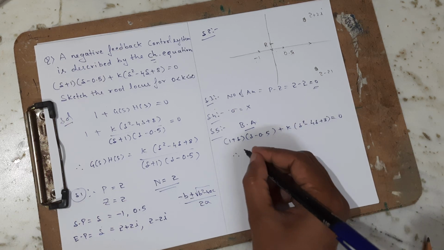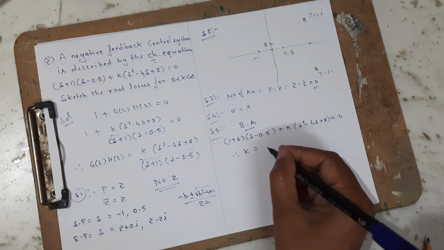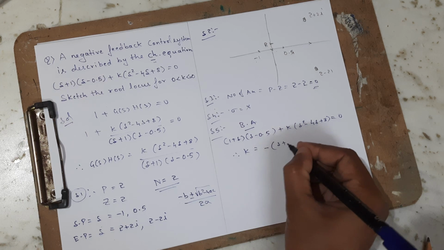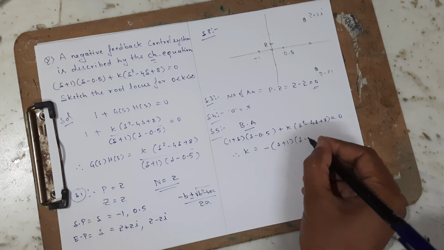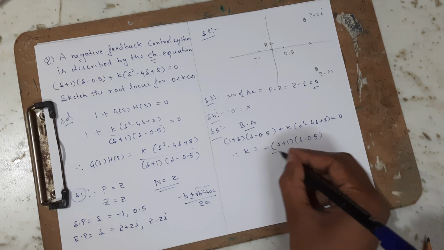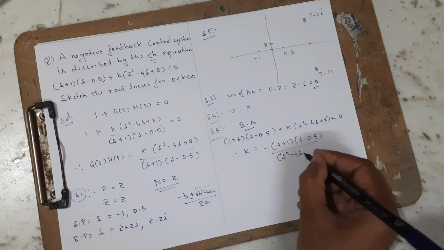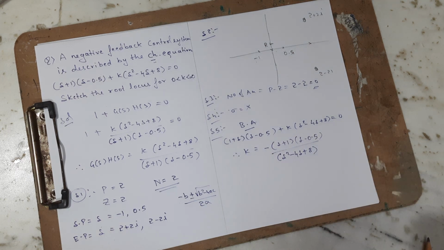So what is the value of K? By cross multiplication, K equals minus of (s plus 1)(s minus 0.5) divided by (s² minus 4s plus 8).